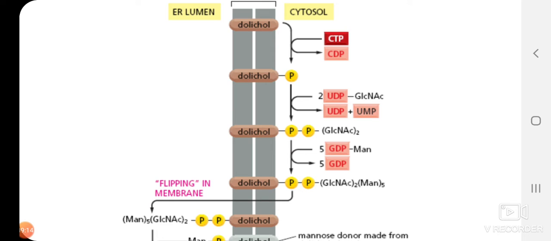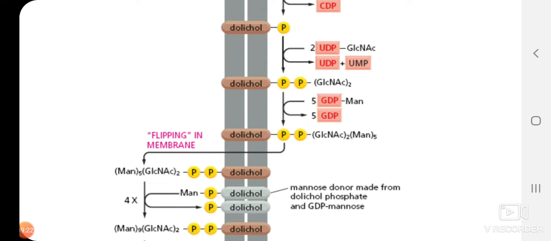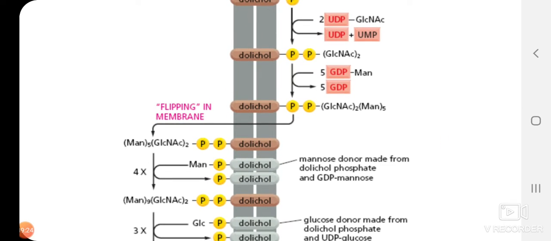UDP N-acetyl glucosamine transferase transfers N-acetyl glucosamines to form a pyrophosphate linkage with dolichol, followed by mannose transferase which transfers mannoses and constructs a sugar tree of 2 N-acetyl glucosamines and 5 mannoses on dolichol.